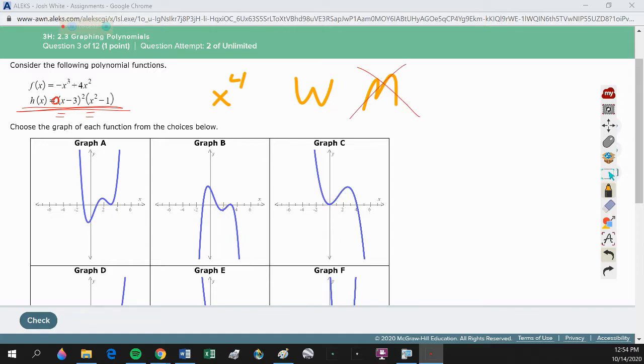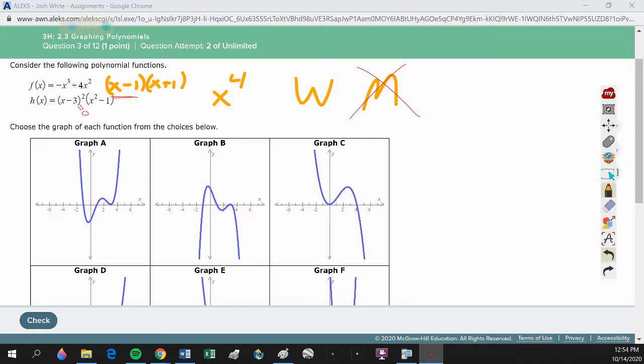Now, what are the roots? So we want to know, when does this equal 0 and when does this equal 0? Well, this one actually factors into x minus 1 and x plus 1.